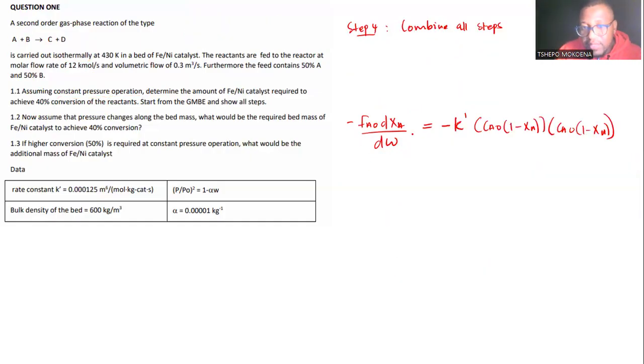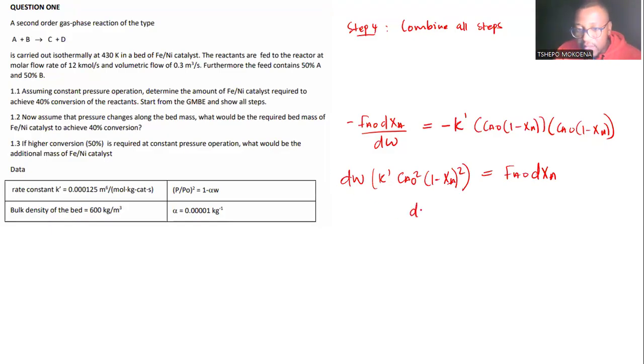And then we divide both sides by negative. And then on this side of the equation, I'm going to cross multiply. I'm going to have dW multiplied by k prime. When I multiply these, I get CAO squared (1 minus XA) squared, close the bracket, equals FAO dXA. And then I'm going to make dW the subject of the formula.